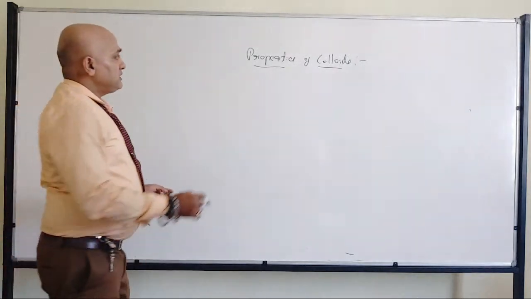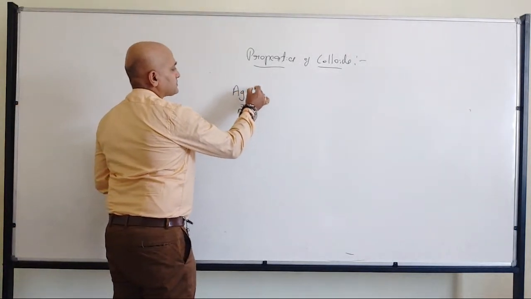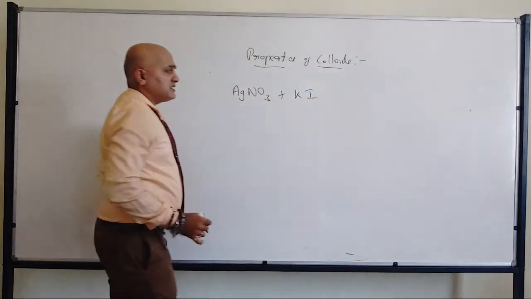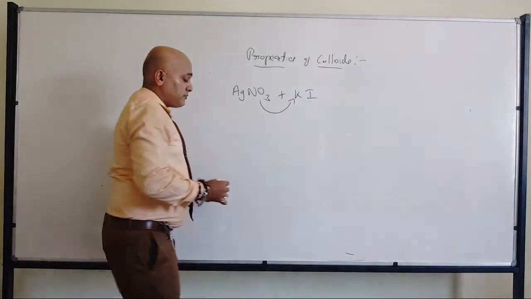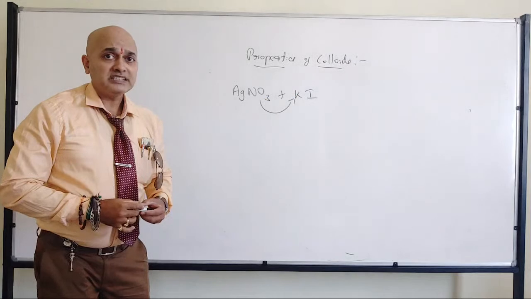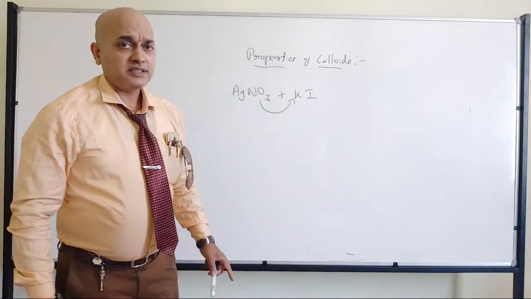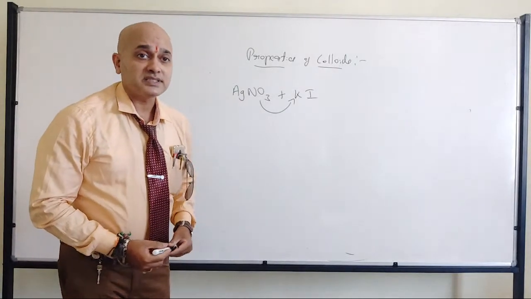Now, naturally, when I add silver nitrate to potassium iodide solution, potassium iodide solution will be the dispersion medium and silver nitrate will be the dispersed phase.